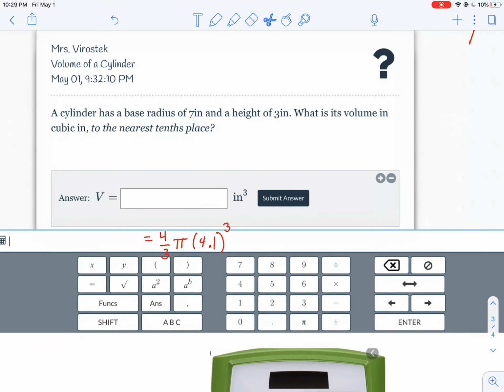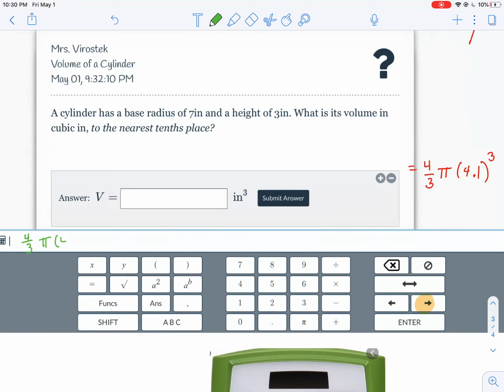Whereas if you are using Delta Math, and you have to type in this formula, you would start with 4 divided by 3 and then hit the arrow so that you can continue writing the formula. Okay, you would hit the pi button, parentheses 4.1 parentheses.